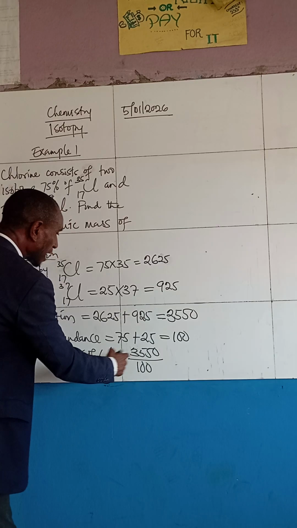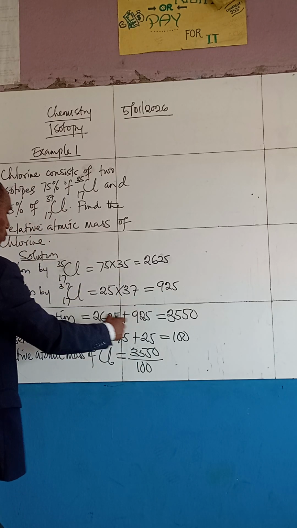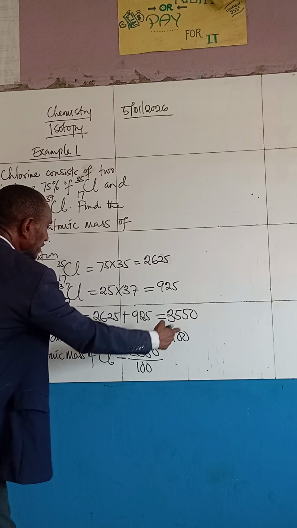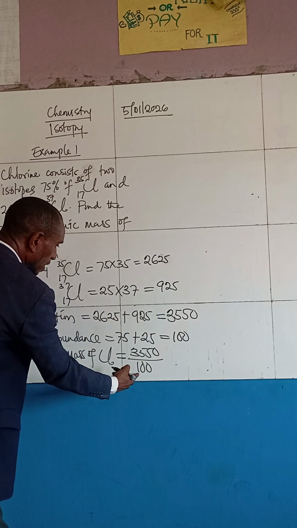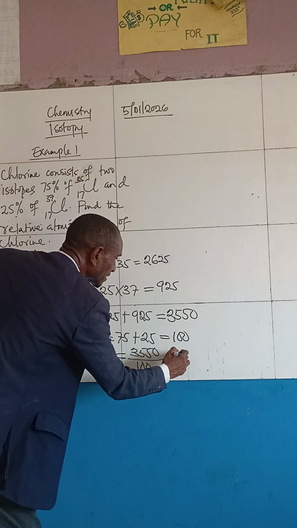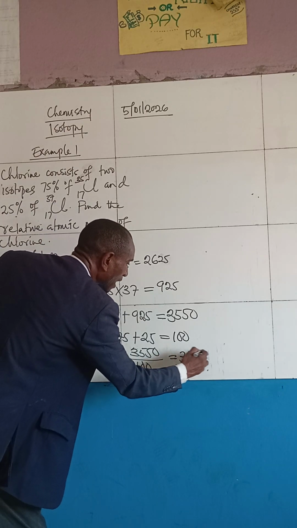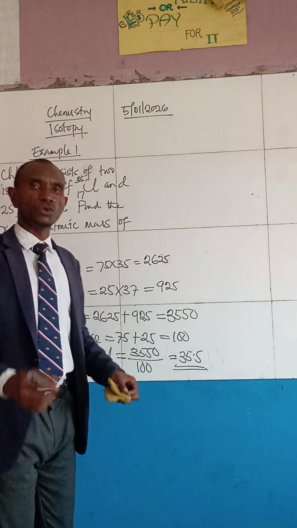The total contribution is the sum of the contributions made by these two isotopes, and the total abundance is 100. So total contribution divided by total relative abundance will give us 35.5. So that is the relative atomic mass of chlorine.